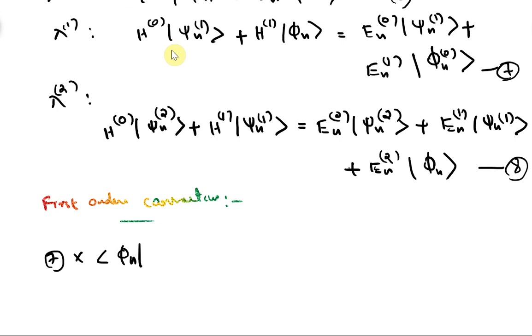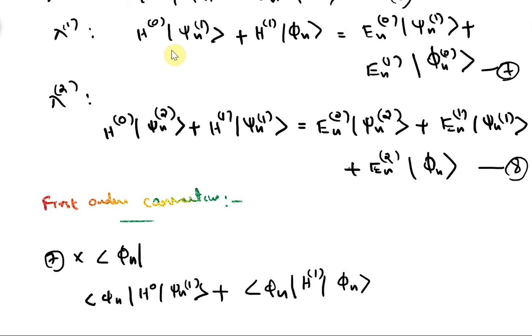If you do that, what you are having is phi n H0 psi n1 as your first term, and you have phi n H1 phi n, which is equal to En0 into phi n psi n1, right?